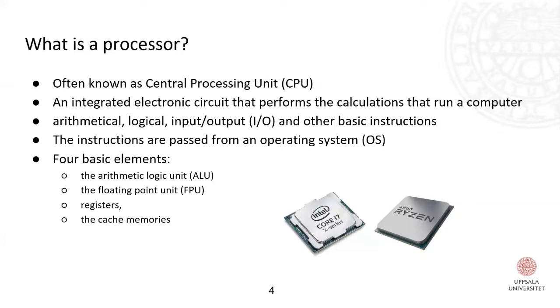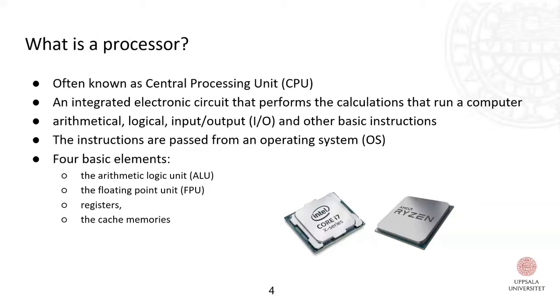And the CPU has also registers, which are a kind of memory which is very fast, faster than your main memory. And it is very expensive as well. And there is also another type of memory in the CPU, which is also fast, but not as fast as registers. They are called cache.